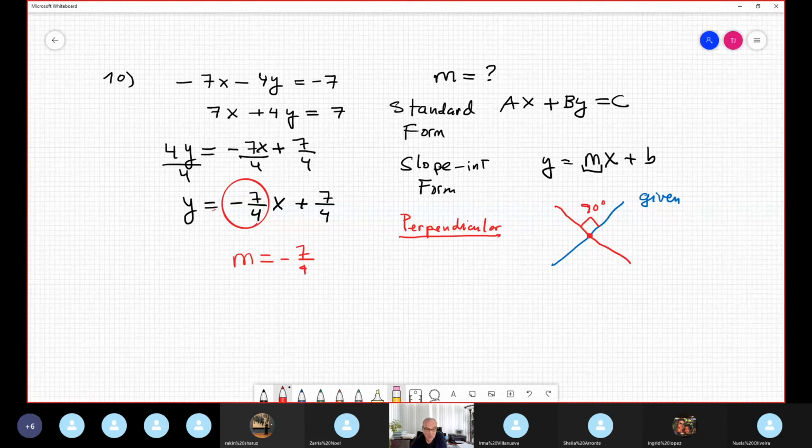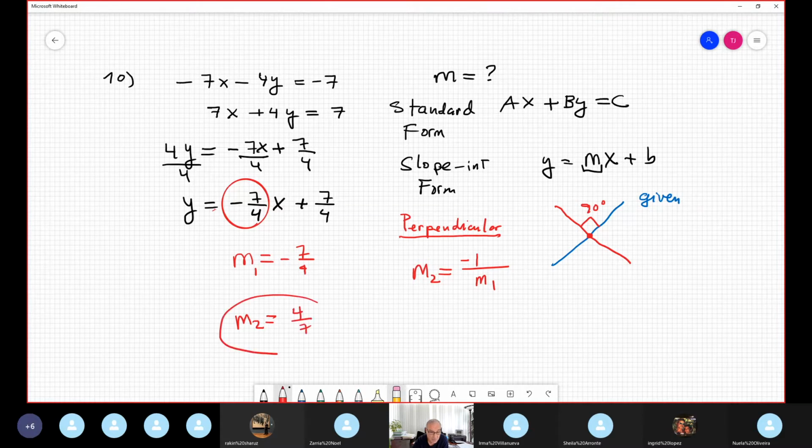And the relationship, the connection, is that slope number 2 is equal to 1 over slope number 1, and negative. So this is slope number 1, which is the given. Slope number 2: you change the sign. Now the answer is positive, and you flip it: 4 over 7. End of story. And this is option B.